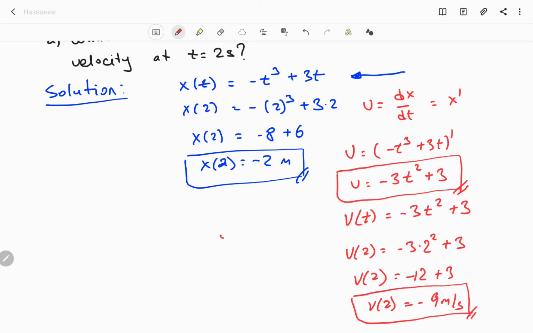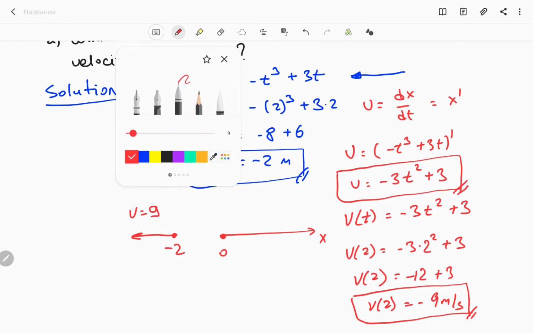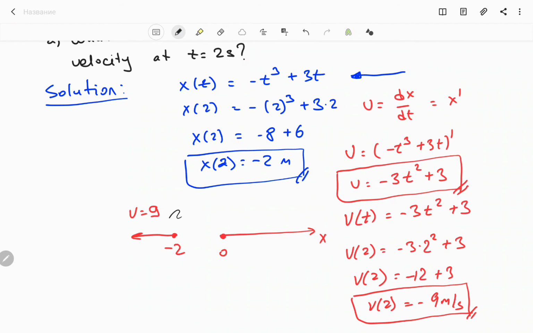So it started from here. Let's say this is x and this is origin 0. After 2 seconds it will be somewhere here, yes, because position is negative 2, and it will be moving to the left direction with velocity 9, because we had a negative sign.